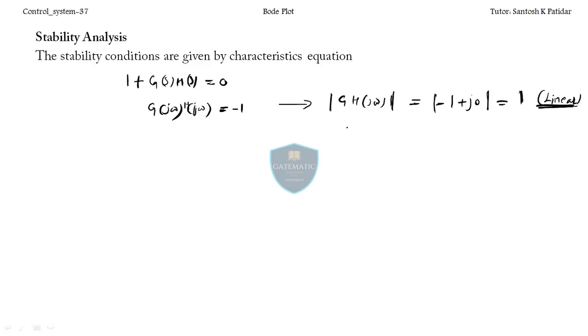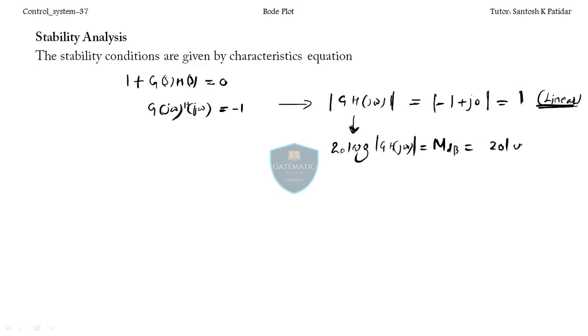Now suppose this magnitude you convert into dB, what you have to do is the 20 log of this, isn't it? 20 log of the magnitude of G(j omega) H(j omega), so your system magnitude will be in dB.